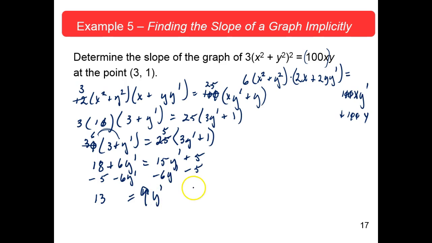And guess what y prime is then? 13 over 9. Boy, that looks bizarre. It makes me wonder if we did something wrong. Oh, look at that, they got it too. Sure enough, there is your slope at that point. I never would have guessed that would be what it was.